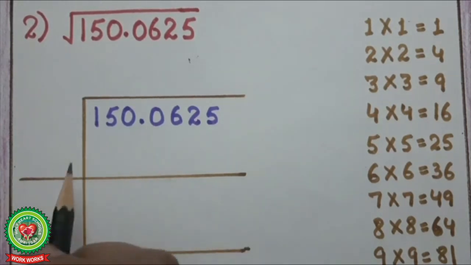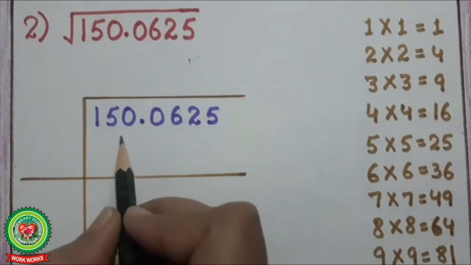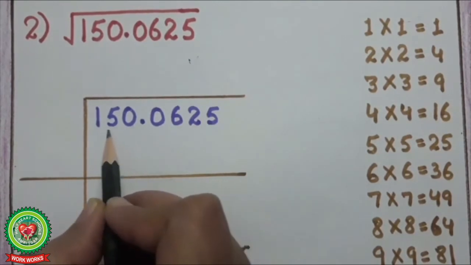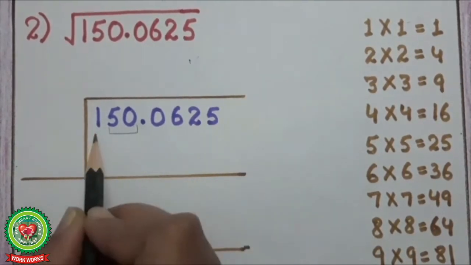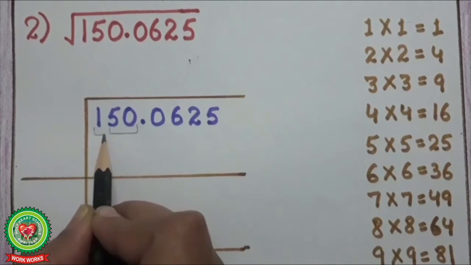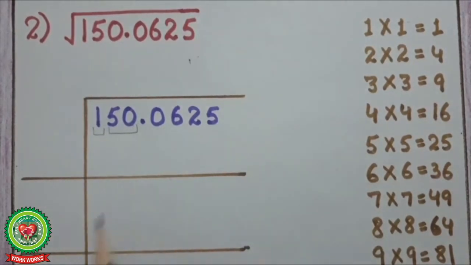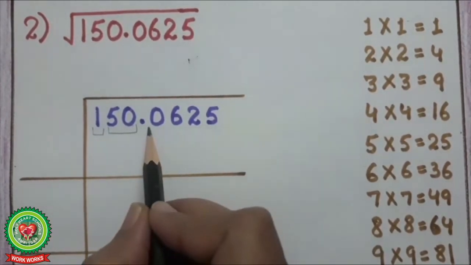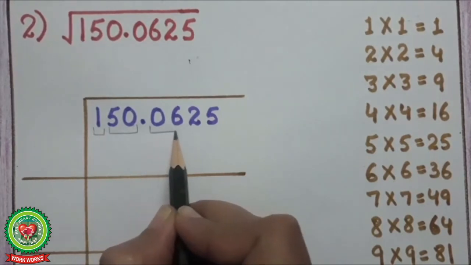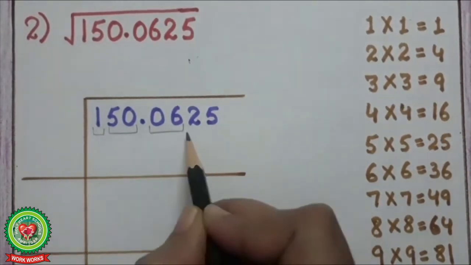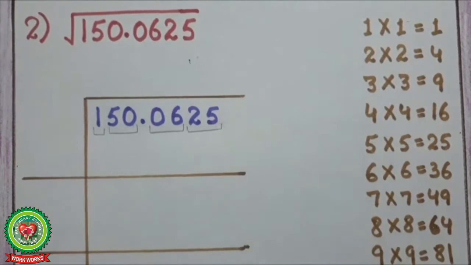Before the decimal, pairing should be done from the right like this, 2, 5 first pair. After that, left with just one digit, leave it as it is. Then after the decimal, pairing should be done from the left like this, 0, 6 first pair, 2, 5 second pair.